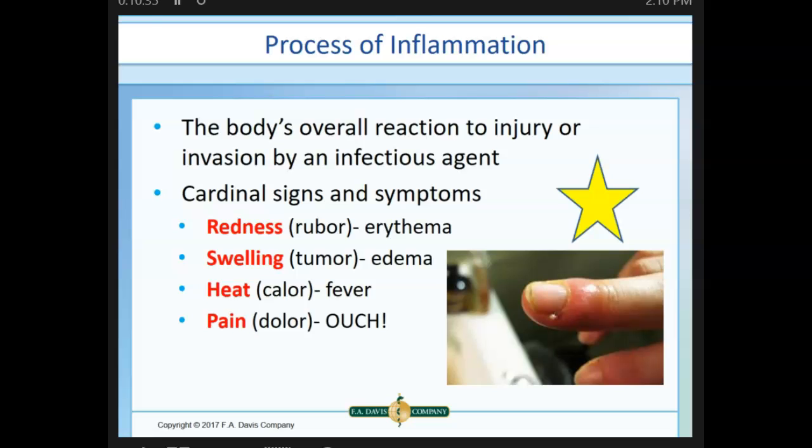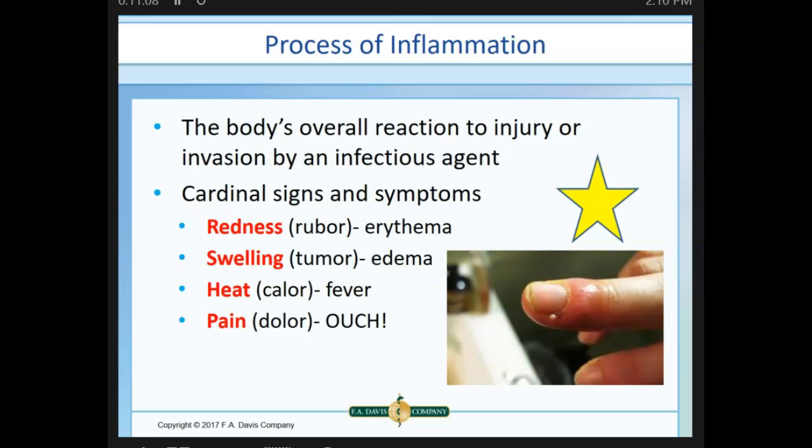So redness is caused by the increased capillary permeability and red cells that rush to the area. Swelling is caused by blood and white blood cells flying to the area and swelling the area. Heat is caused by the fever that's induced, because think about it, I'm going to show you a picture on the next slide, and we talk about all these chemical reactions going on during inflammation, these acute phase reactants.